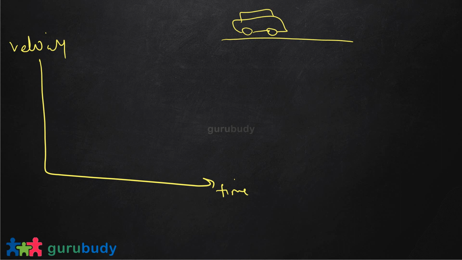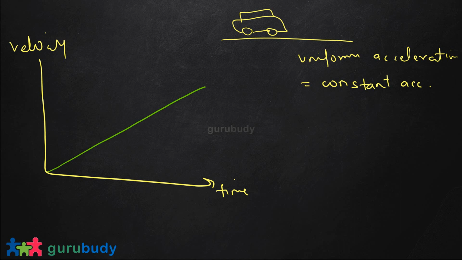What does that mean? Uniform acceleration means constant acceleration, right? So acceleration is not changing. If I am drawing the velocity time graph, my slope is not changing, and slope is basically my acceleration, as we have seen.